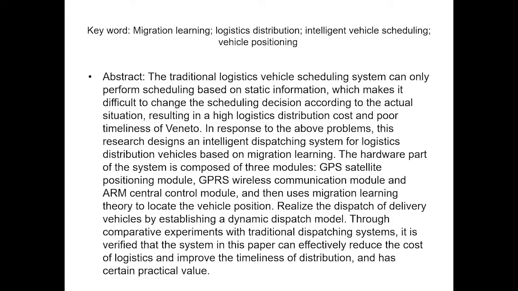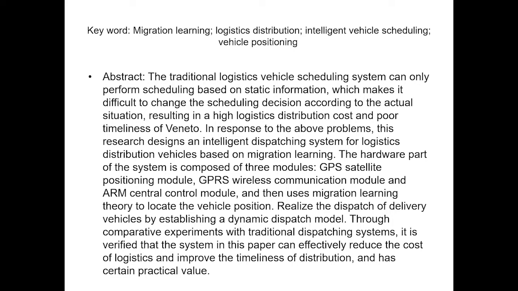migration learning. The hardware part of the system is composed of 3 modules: GPS satellite positioning module, GPRS wireless communication module, and ARM central control module, and then uses migration learning theory to locate the vehicle position.